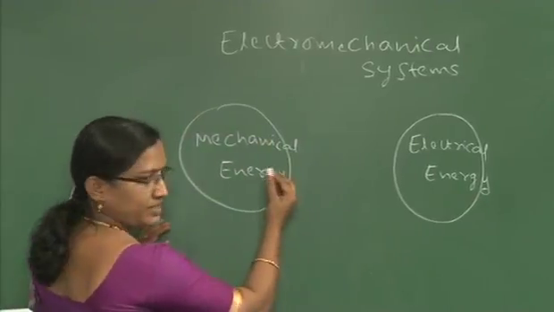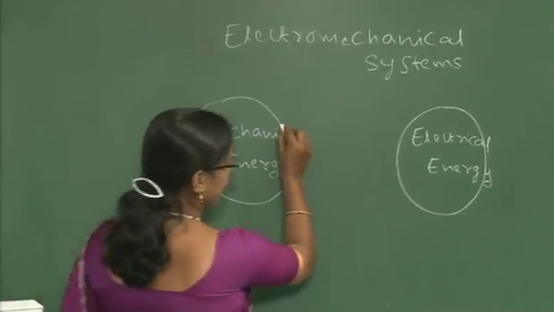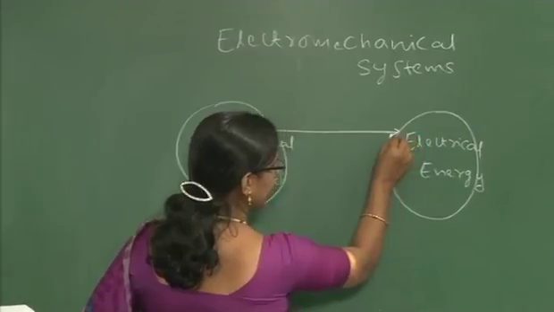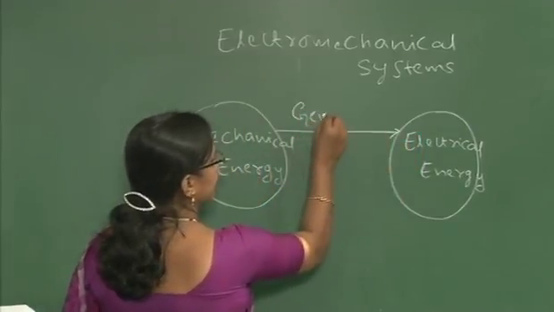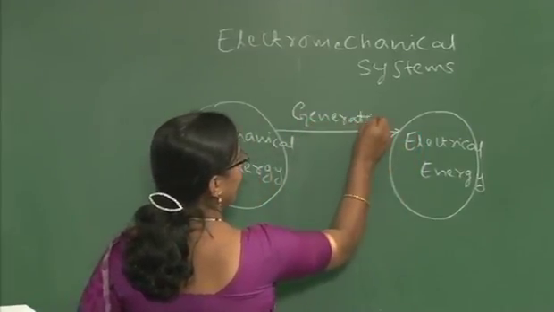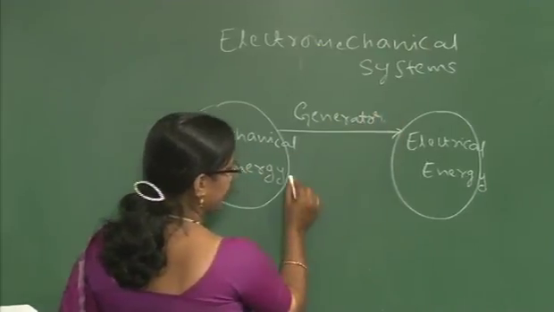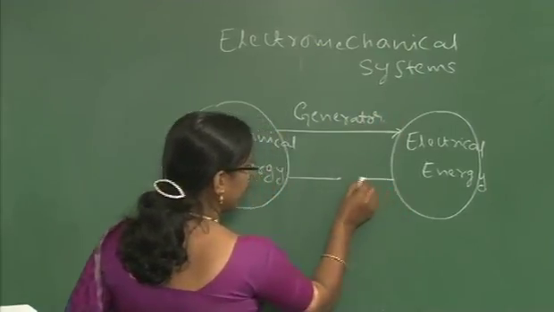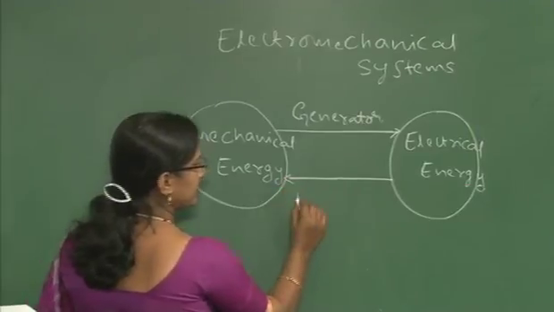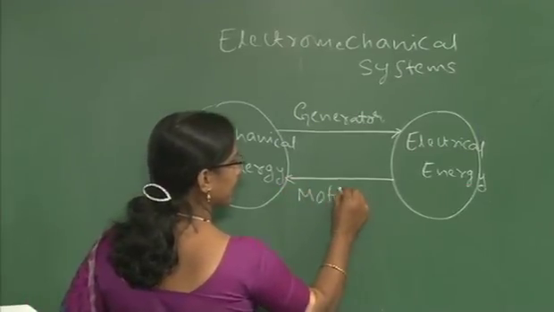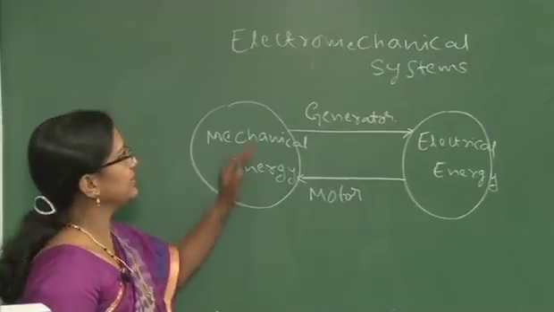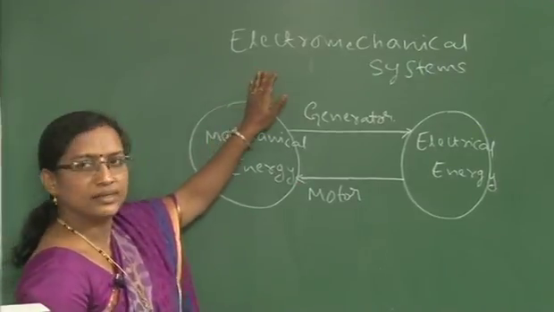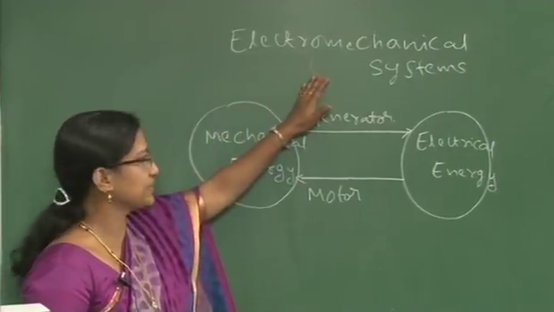If the DC machine converts mechanical energy to electrical energy, it is called a generator. If the machine converts electrical energy into mechanical energy, it is a motor. That is why these machines are called electromechanical systems.